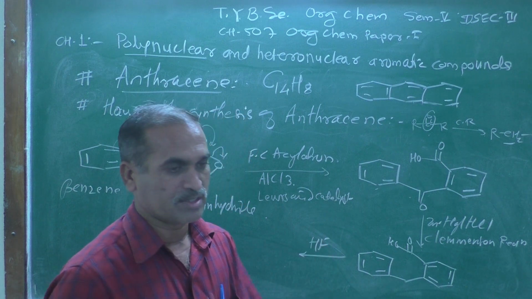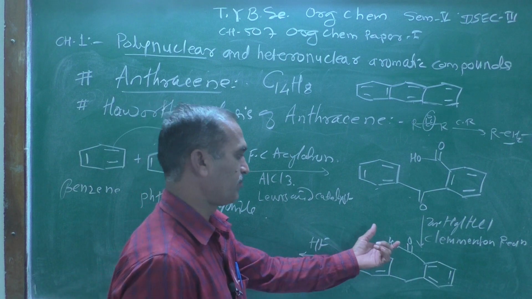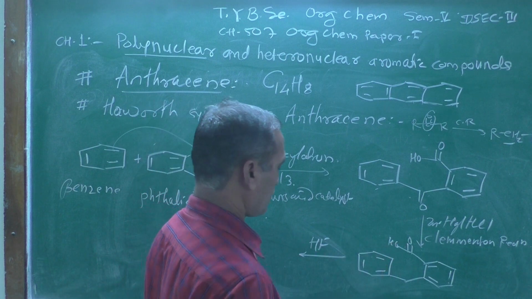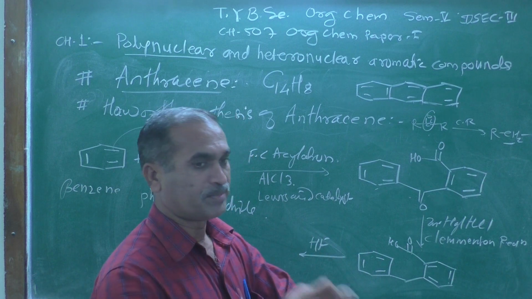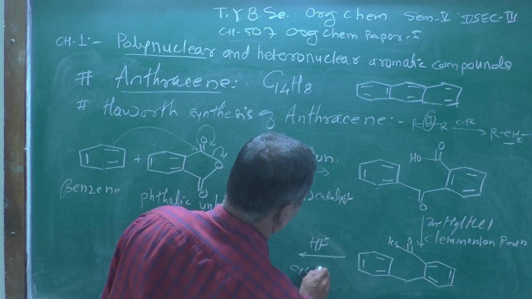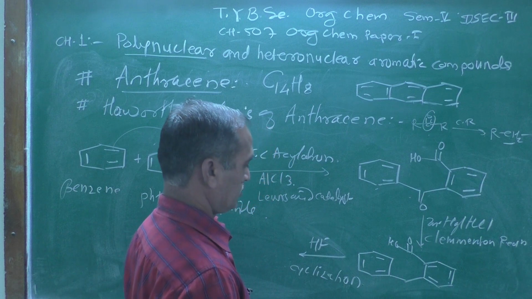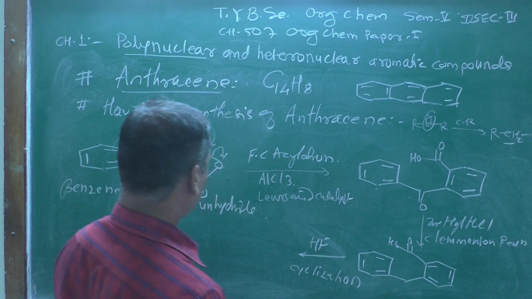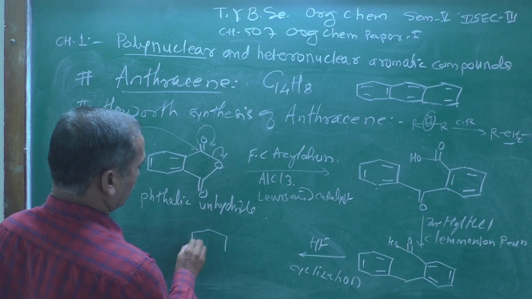We know it is a reagent known for cyclization if there is an acid and this type of aromatic compounds are in a proper orientation. Cyclization can be carried out, and we will get the product which I am going to show over here.